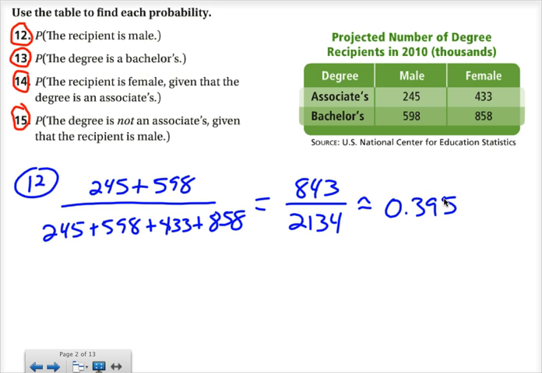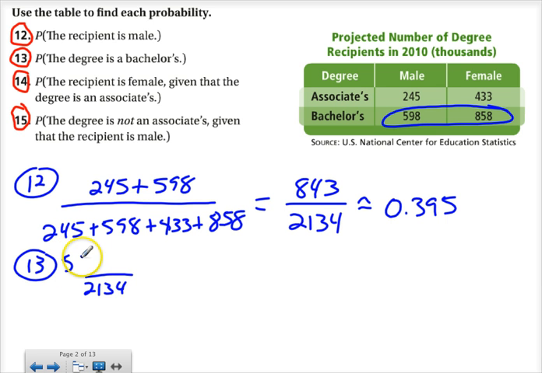Kind of a nasty fraction there, so you probably would put that as a decimal, and that is approximately 0.395. Then for number 13, the degree is a bachelor's. Again, we're using the entire chart. So that's good news. I get to use the total that I already figured out for the last problem. But now what I want to do is add together the people that have received a bachelor's degree.